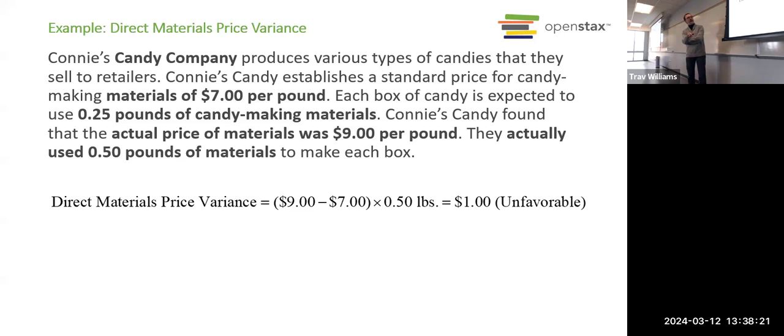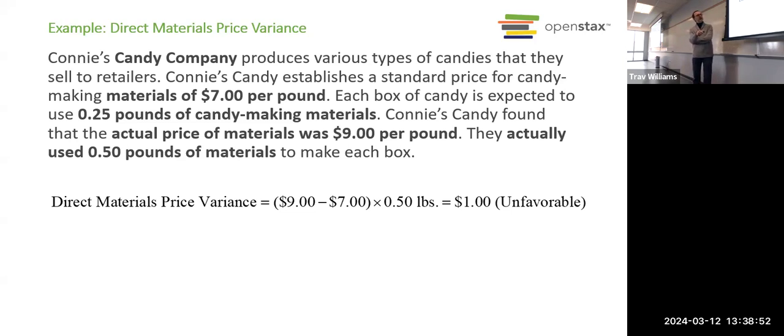And then we're multiplying that by the actual material that got used. Notice it says they actually used 1/2 pound of material per box, right? So that goes there. So then we just take that $2 difference times the half pound of material per box. That gives us a rate of $1. That's how much variance we have compared to the standard price.